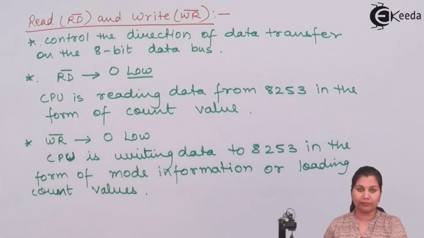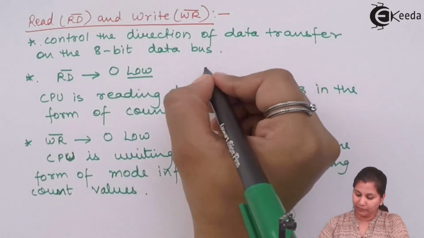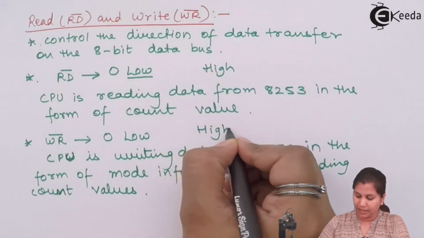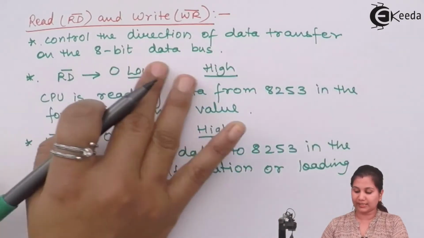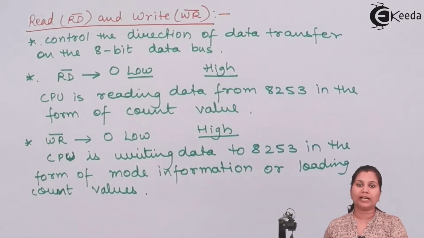Now if these two signals, read and write, are both high, then the data bus buffer, which enables the data transfer between the 8253 and the CPU, will go into the high impedance state.